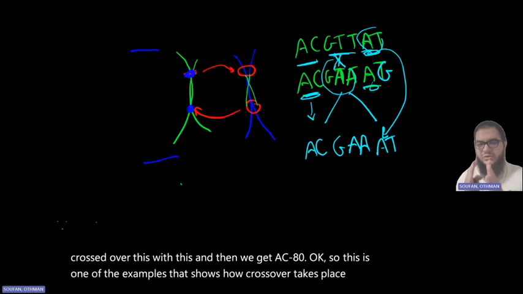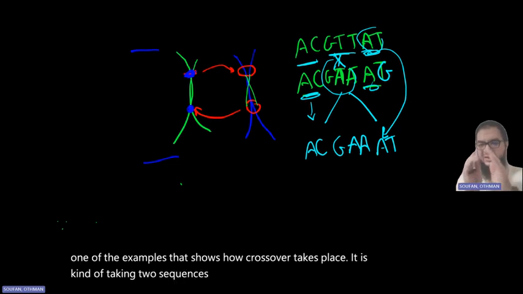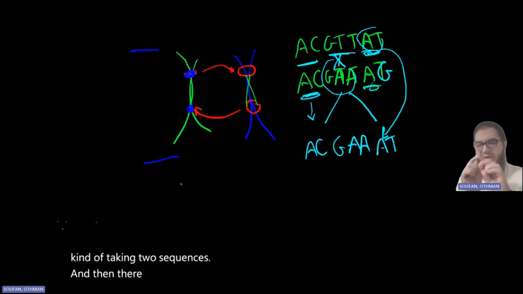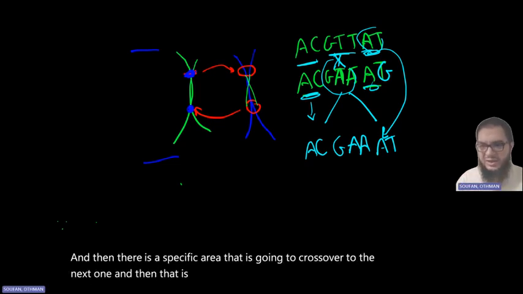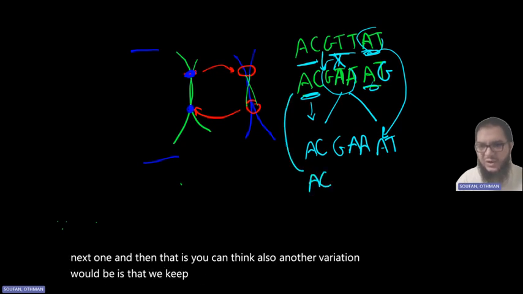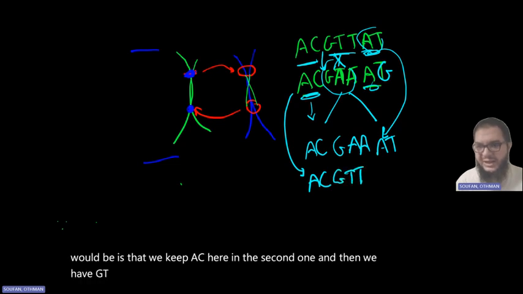It is kind of taking two sequences, and then there is a specific area that is going to cross over to the next one. You can think also, another variation would be that we keep AC here in the second one, and then we have G, T, T, and then that was AG, okay?